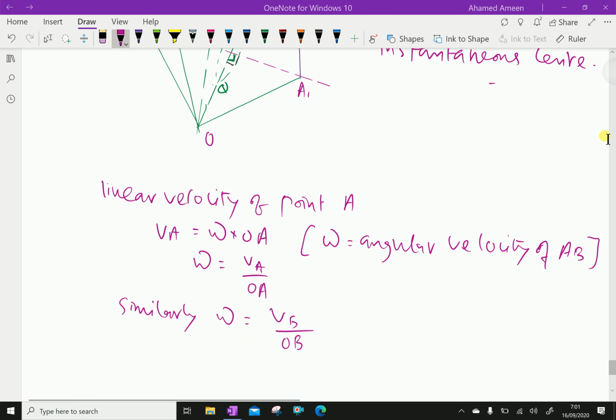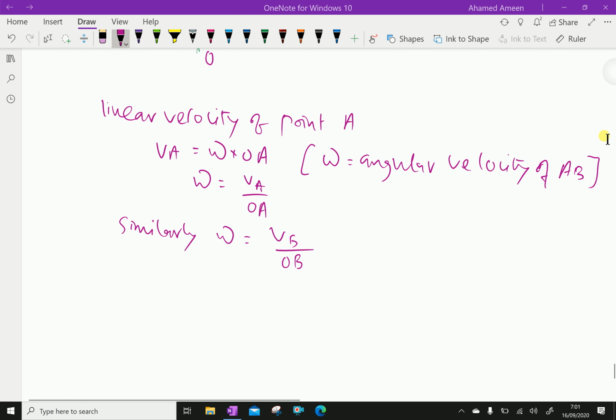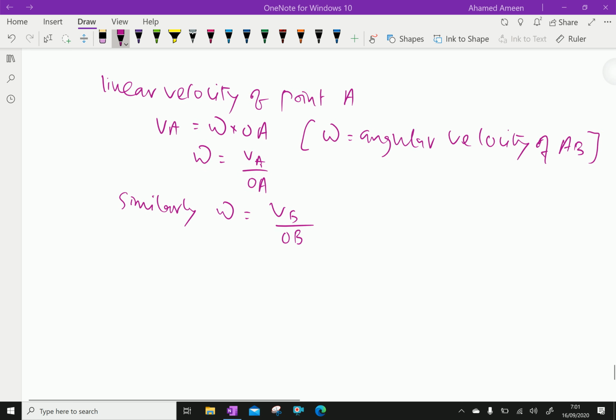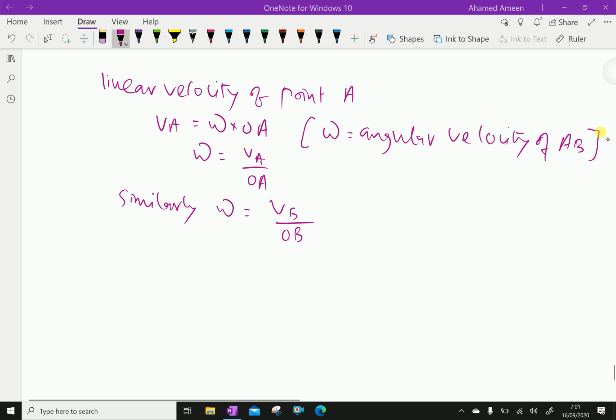Now, from these two expressions we can write VB by VA equals OB by OA.